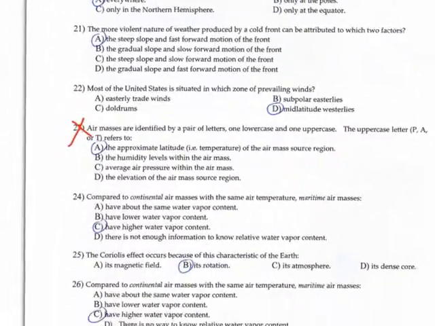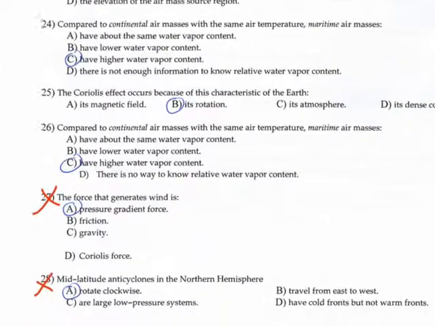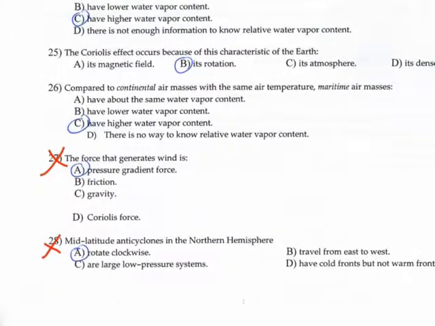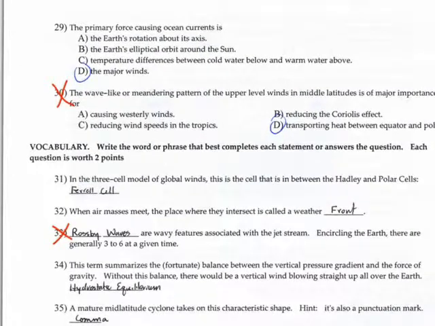Question numbers 23 and 27 and 28 will not be on your final. And question 30 will not be on your final. So those are multiple choice questions, Unit 3.